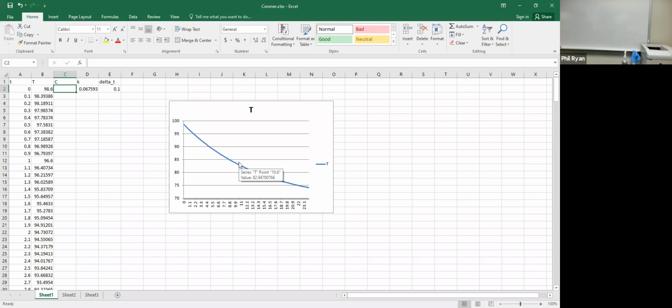So in here I want to put in our linear approximation. Okay, so I want to go from 98.6 to 96.6 in the first hour. And I want to do that linearly.